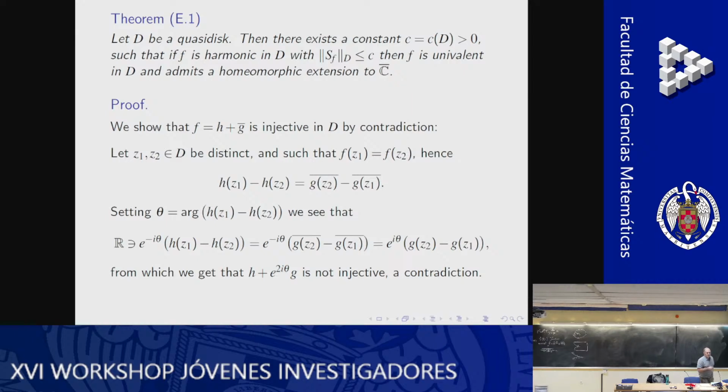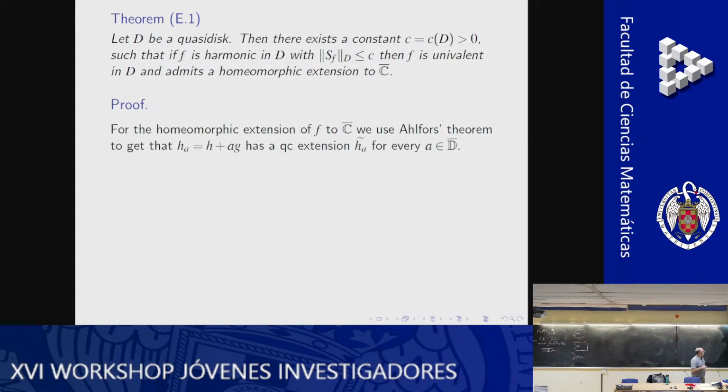Now for the harmonic extension, maybe even faster. I don't want to go into details, but the same thing: the analytic part of the affine transformation has a quasi-conformal extension to the whole Riemann sphere by Alphons's theorem. So we define this by h sub a tilde.